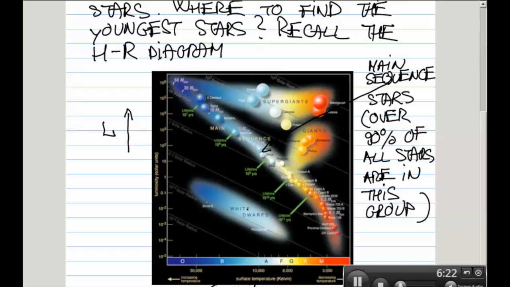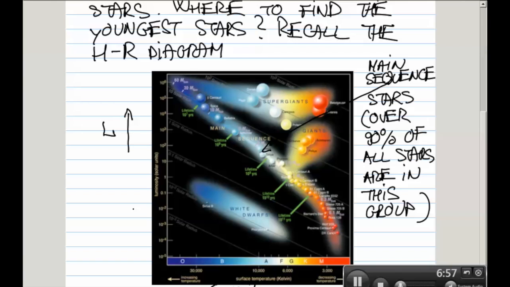In the main sequence, at the upper left corner we have stars that are extremely luminous and also very hot. As you move down, the luminosity, the energy output, drops, and also the temperature drops. So at the upper left we have very hot and very luminous stars, and in the lower right corner we have cool, dim stars.